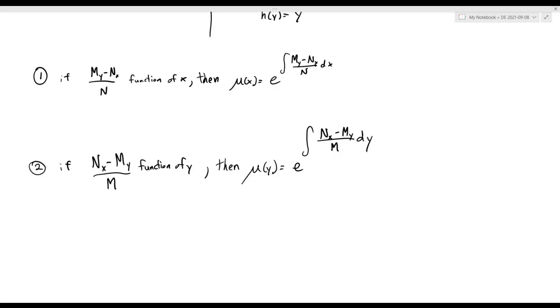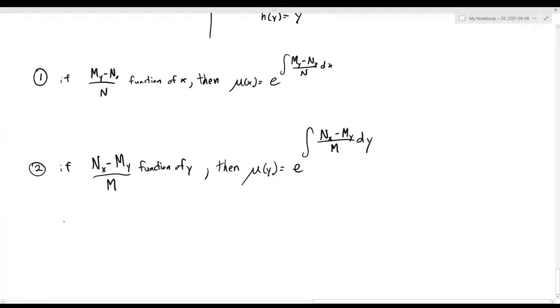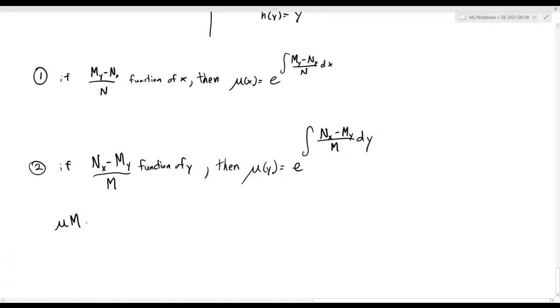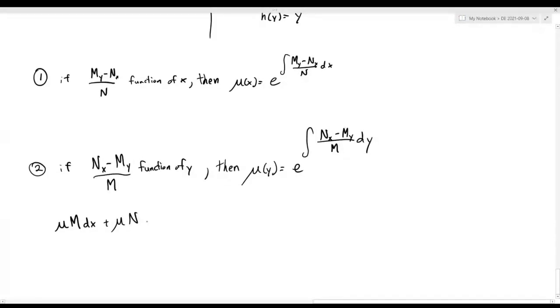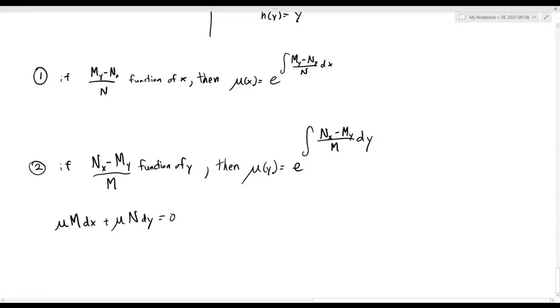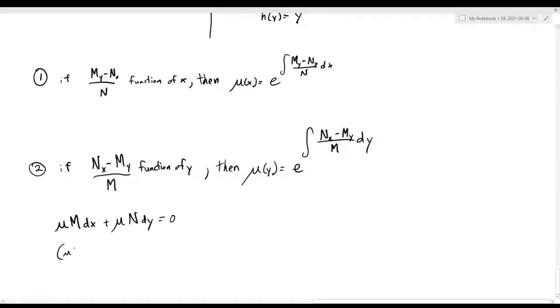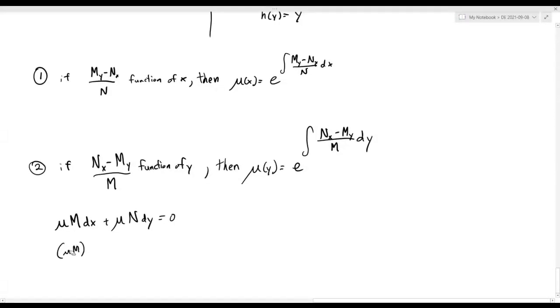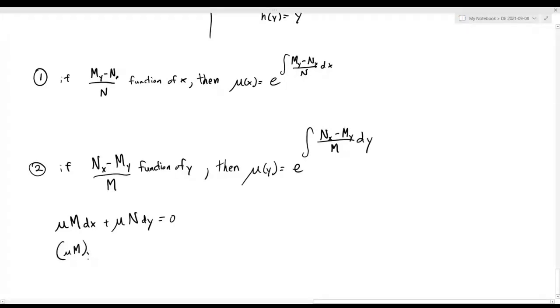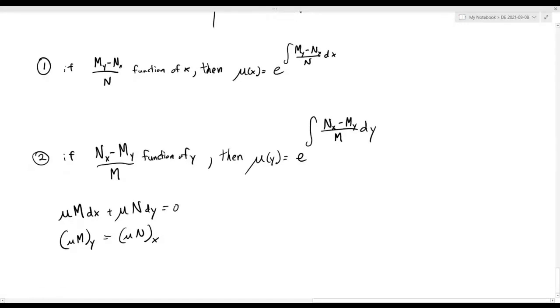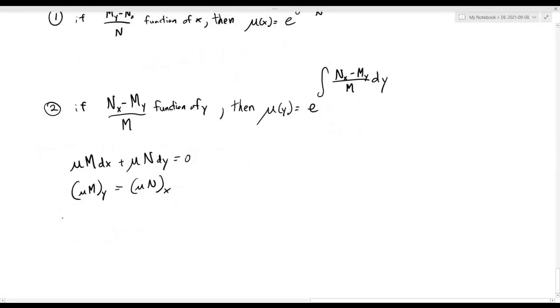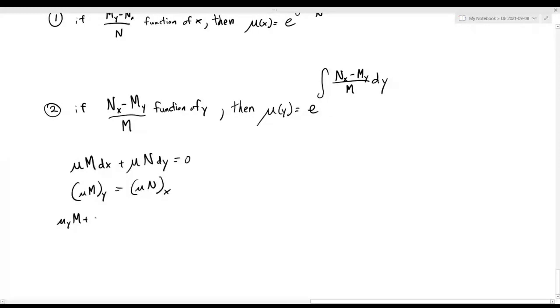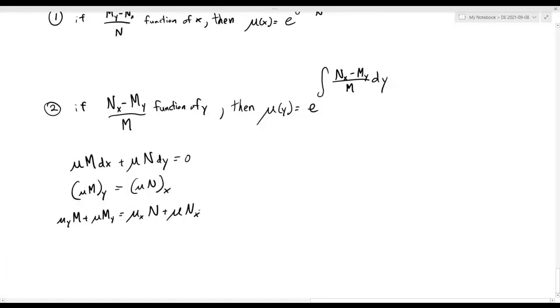Well, it starts with knowing that multiplying an inexact differential equation by an integrating factor makes it exact. So that's always the starting point, meaning that these partial derivatives, with respect to y on the one hand and with respect to x on the other, should be equal, because we want exactness. And then use the product rule. So this is always a good starting point for finding an integrating factor.